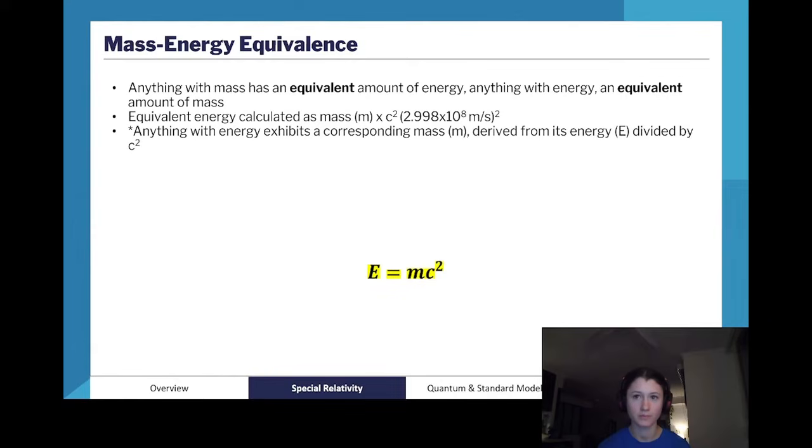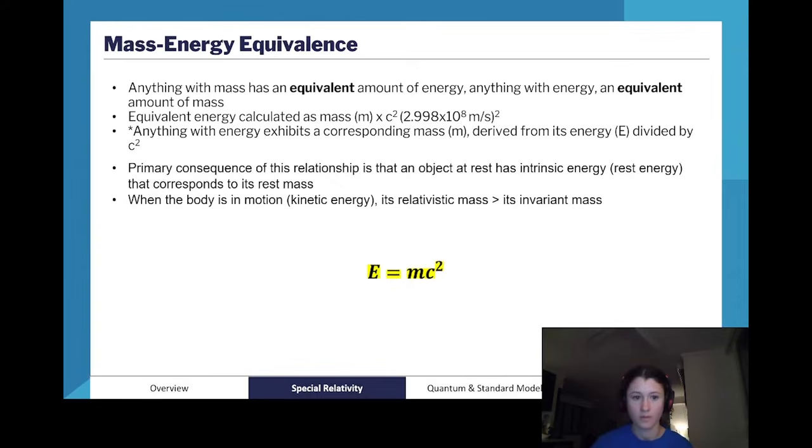We can use our formula E equals mc squared to determine the relationship between energy and mass. The primary consequence of this relationship is that an object at rest has intrinsic energy, or rest energy, that corresponds to its rest mass.